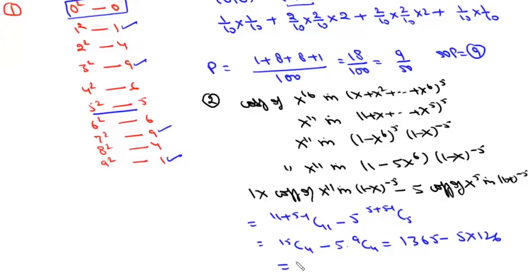So this value will be 735. So there are 735 ways in which the sum of numbers on 5 dice will be 16. That's the number of elements in the case where the sum is 16.